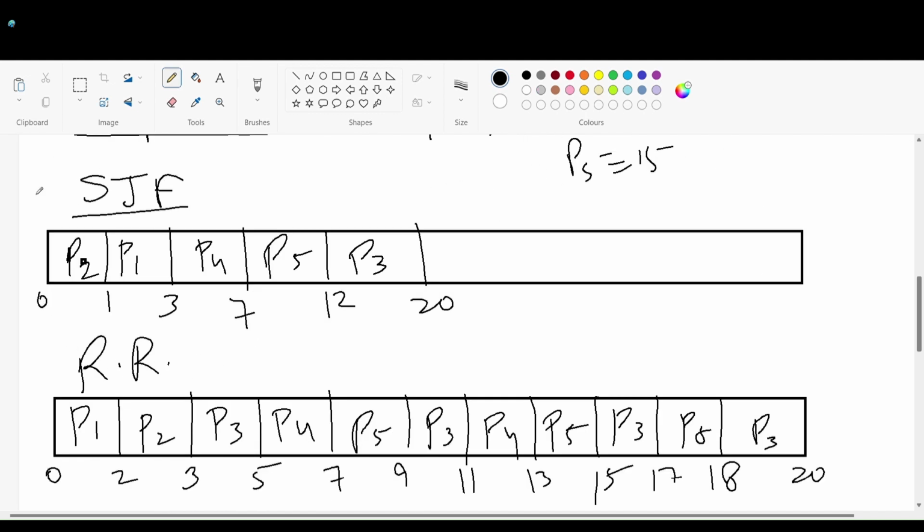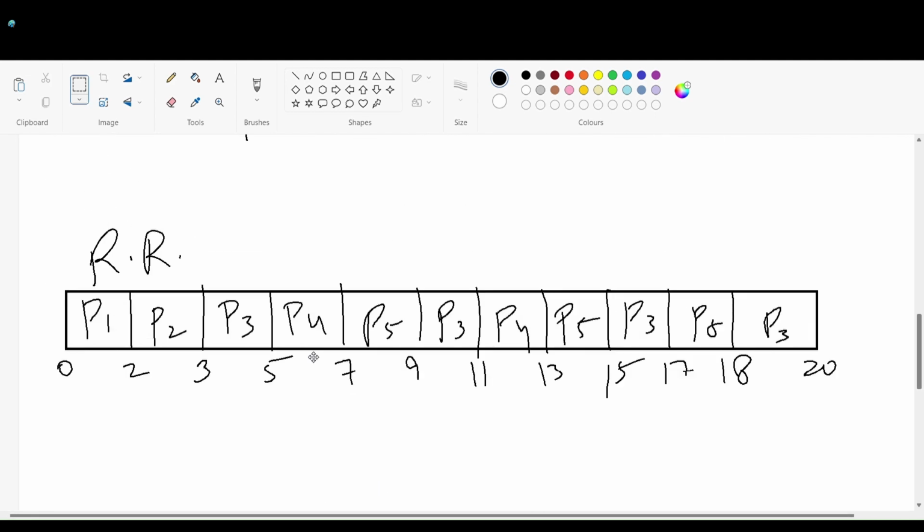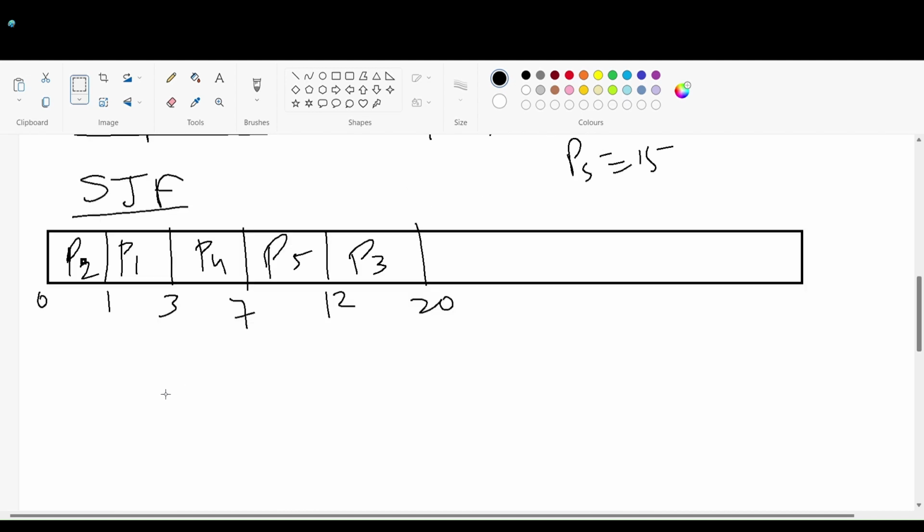Now the SJF algorithm. In the SJF algorithm, first, turnaround time. Turnaround time for P1: P1 enters the system at 0 and finishes its execution at 3.